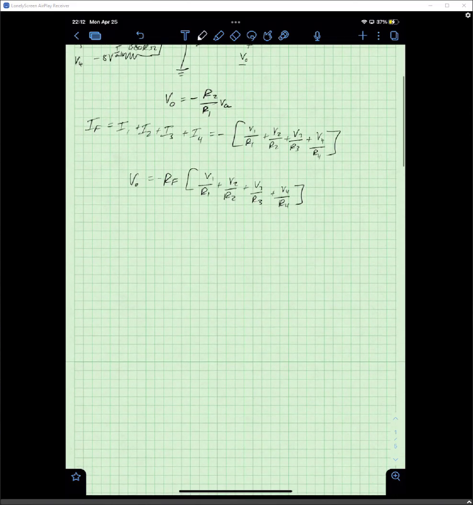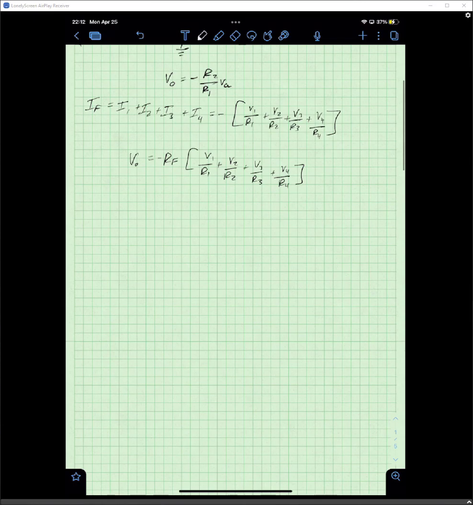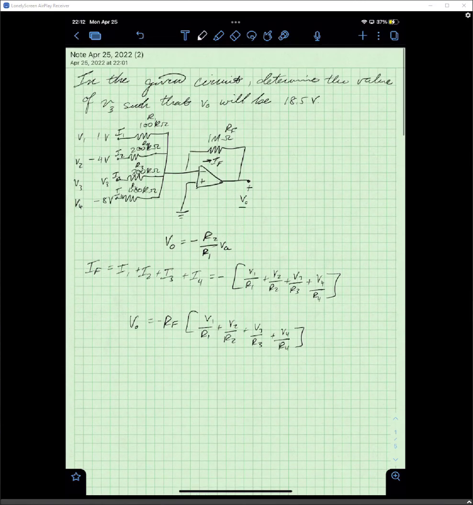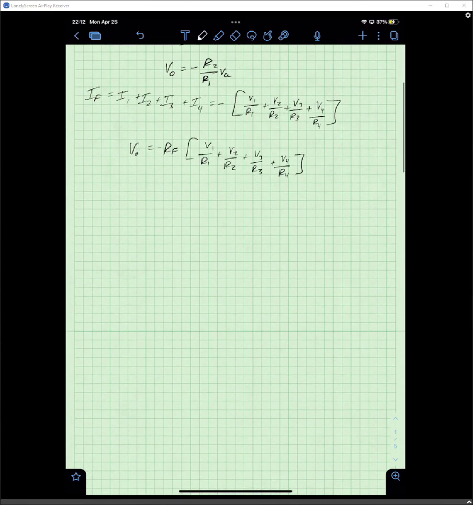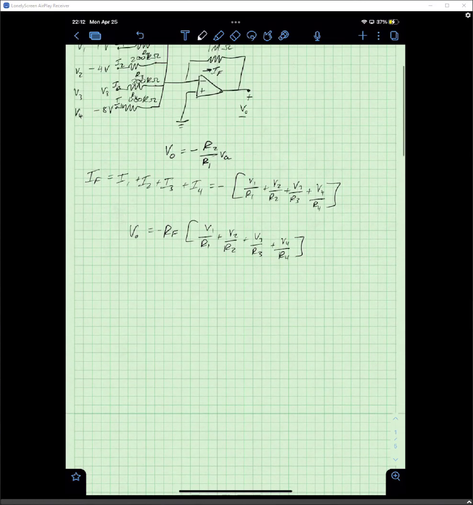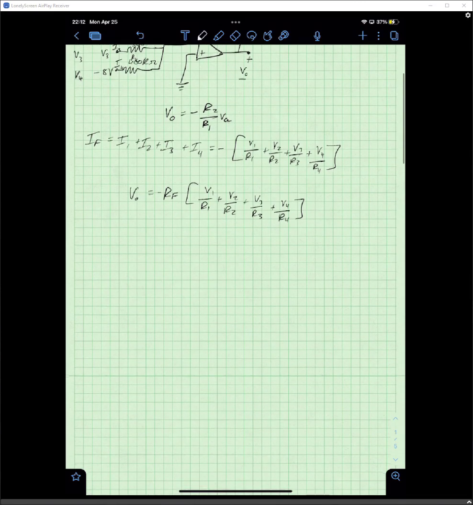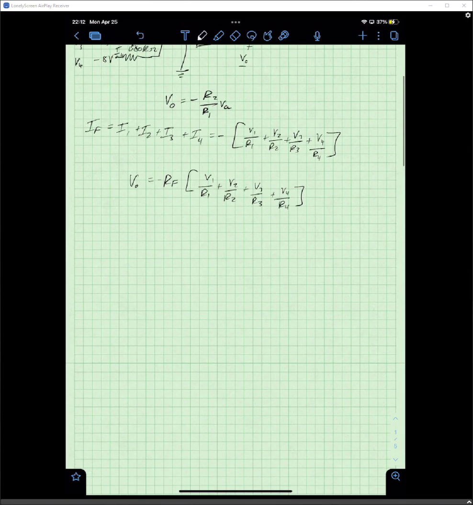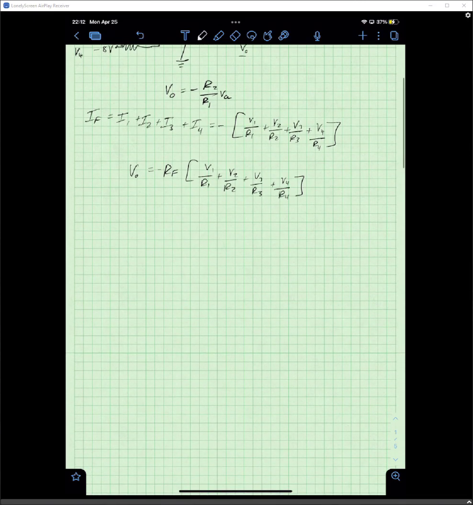So now we can substitute the given values, like it says in the question, to get V3 such that V out is equal to 18.5 volts.